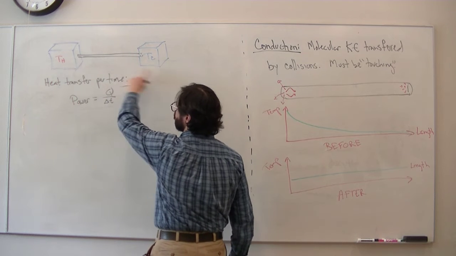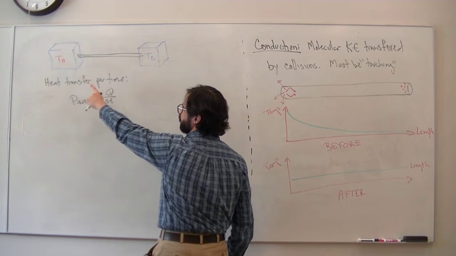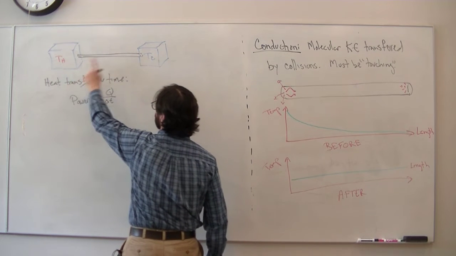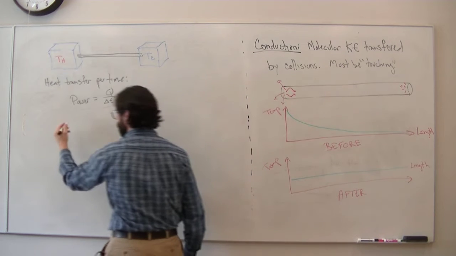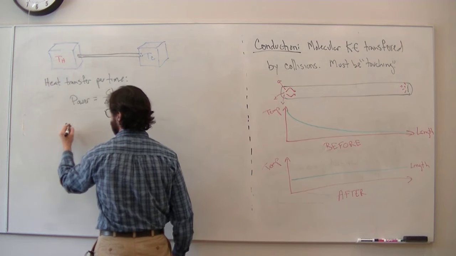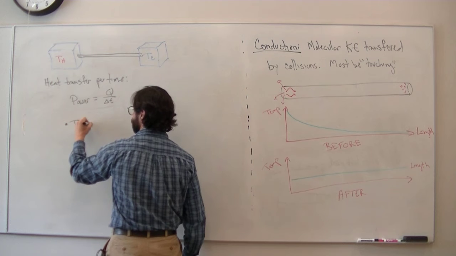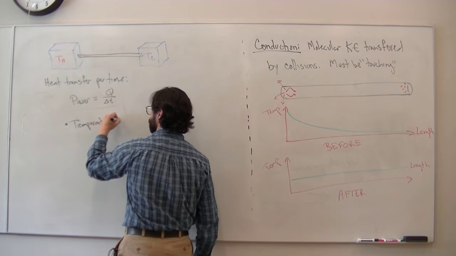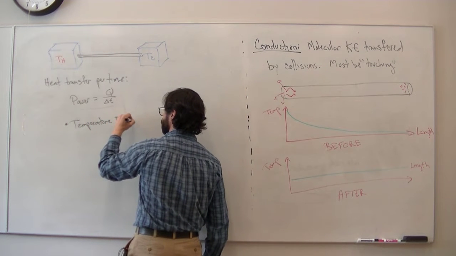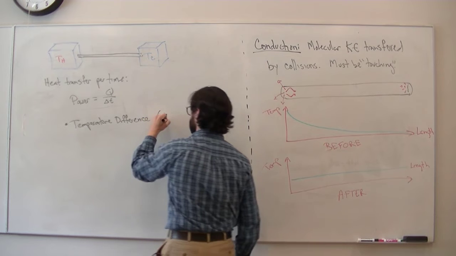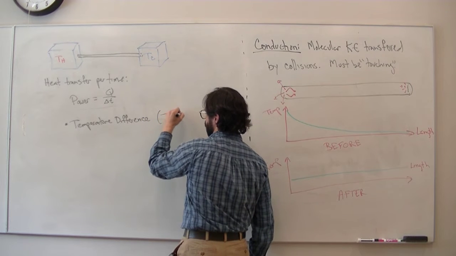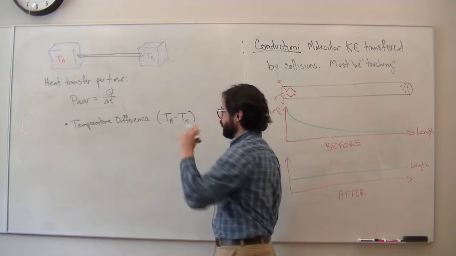So what on earth could this possibly depend on? The rate that heat is transferred from here to here. So one thing it could depend on, we just said it, so we may as well say it, is the temperature difference. And so mathematically that would be TH minus TC or delta T.